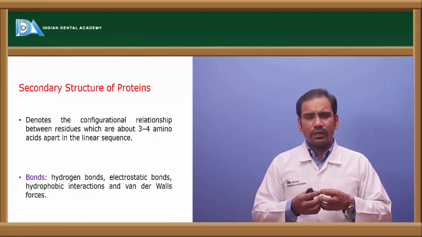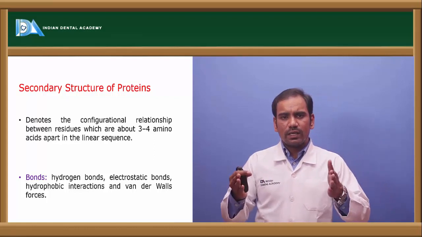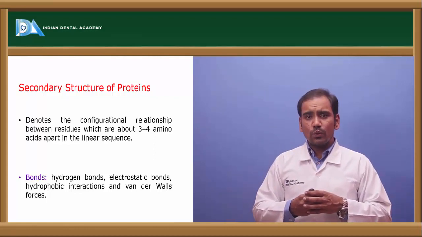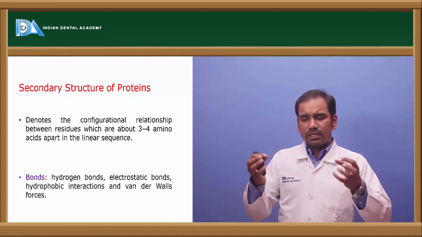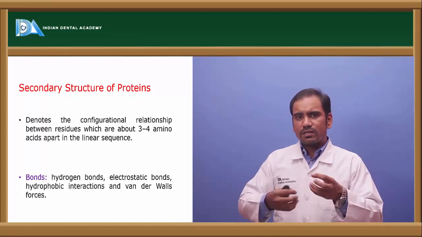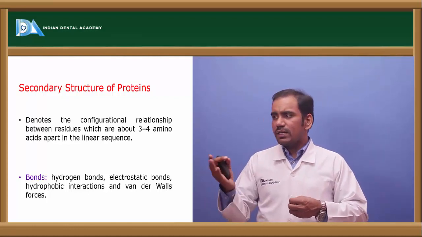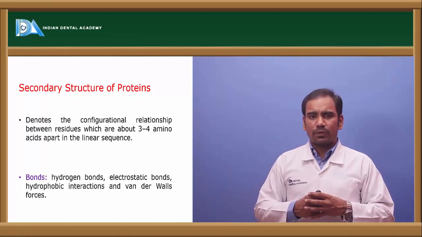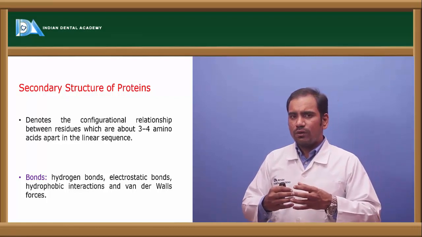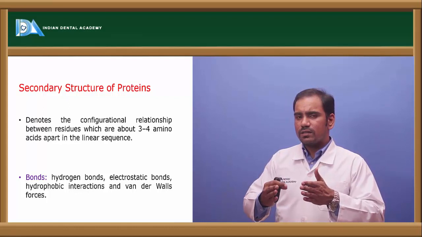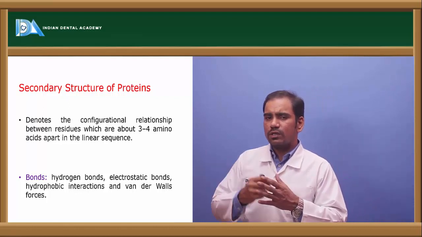There is interaction between these amino acids, and that interaction results in the folding of the polypeptide chain. So that forms the secondary structure of protein.